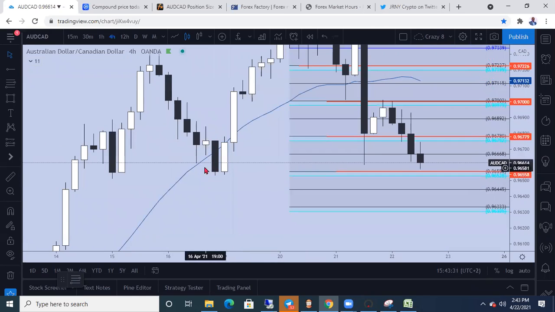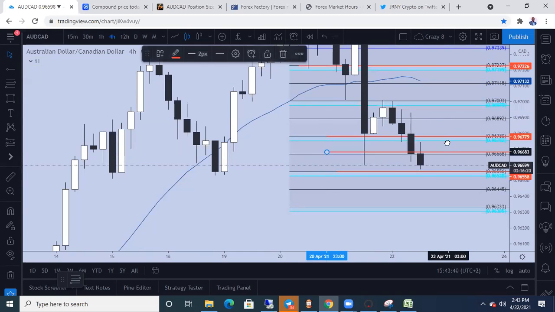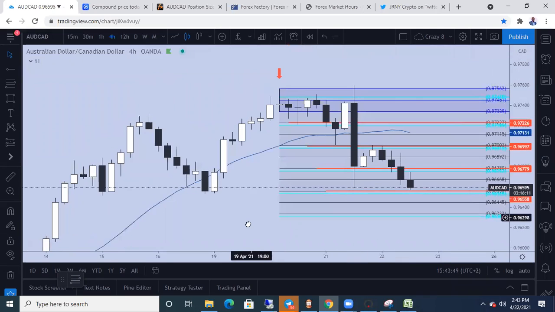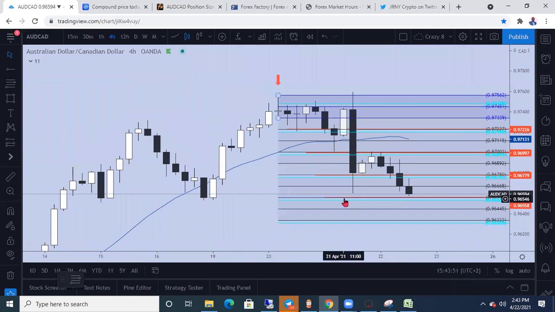Either you're looking at the inside bar or the bearish engulfing, right? And this is a strong zone. When price gets to this region, you want to harvest something. And that's exactly what price did right here. It came down, created a lower high, and now maybe is going down to create a lower low. Now, on the H4, these are my exit points.